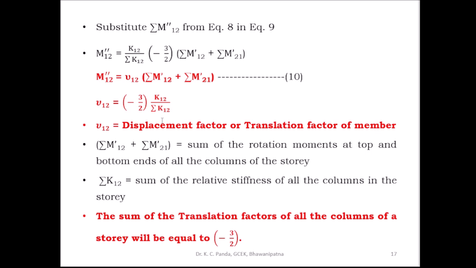K12 is the relative stiffness of the vertical member 12 divided by the sum of the relative stiffness of all the vertical members of the same story, summation of K12. And this is the formula used to find out the translation moments. M double dash 12 is equal to the displacement factor into the sum of the rotation moments at the top and bottom end of all the columns of the story.